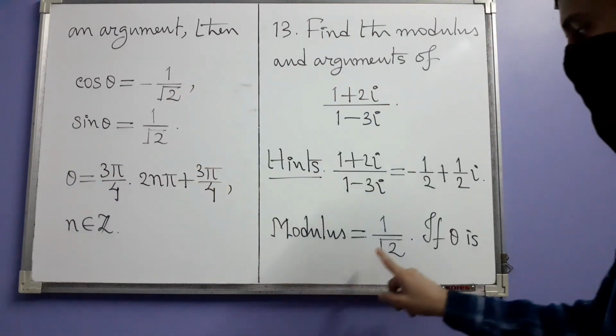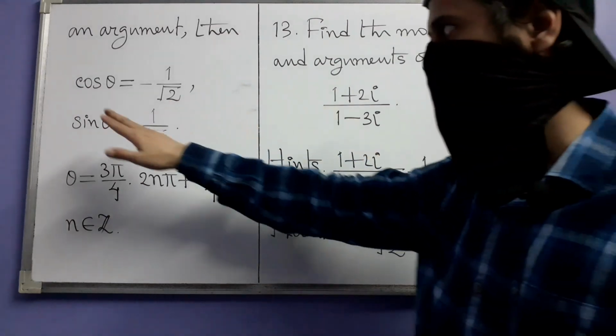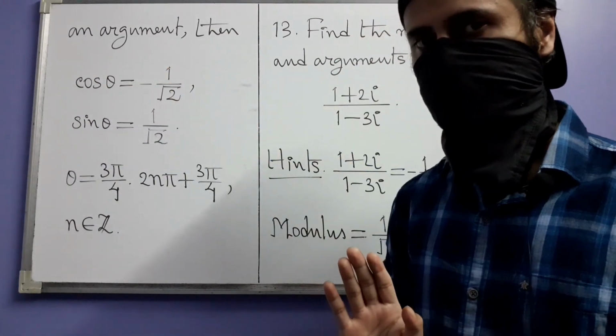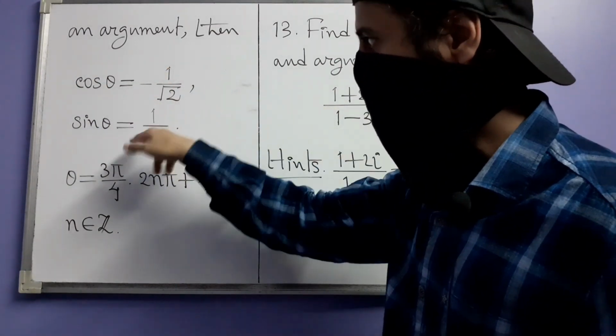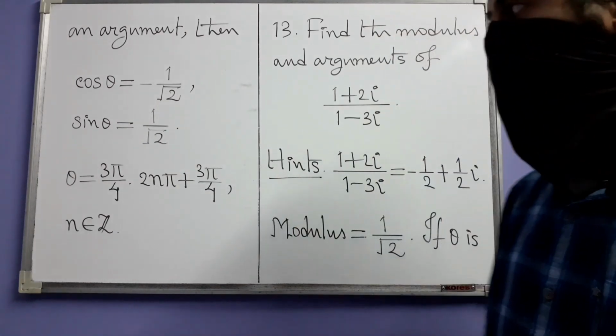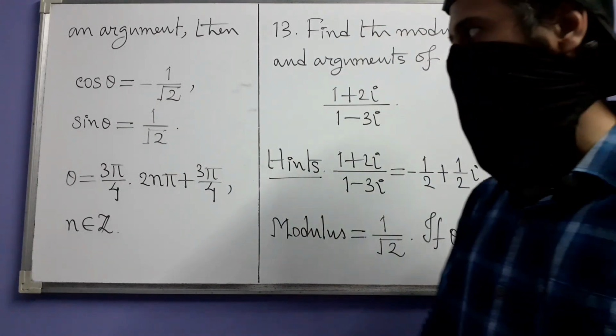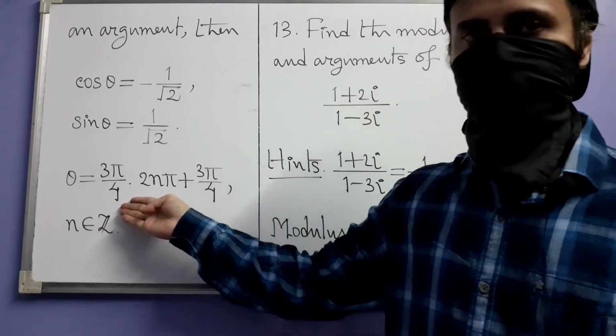And in place of modulus, you put this and then you do the cancellation, and this is what you finally are going to get, from which you know how to get to this conclusion.